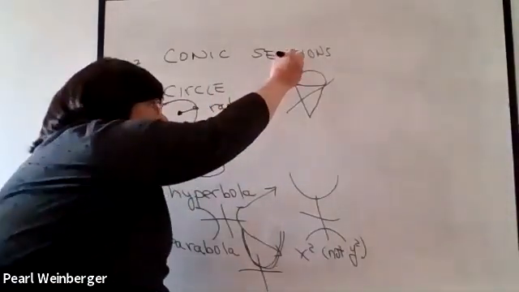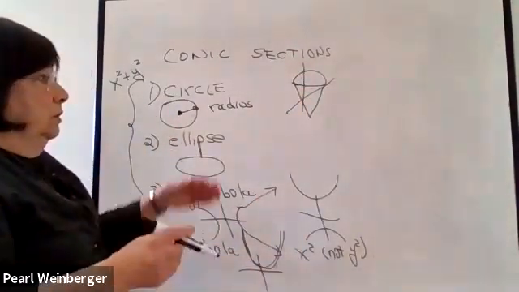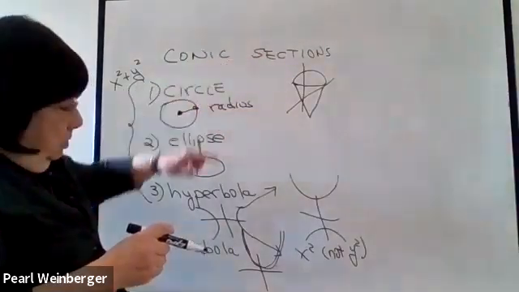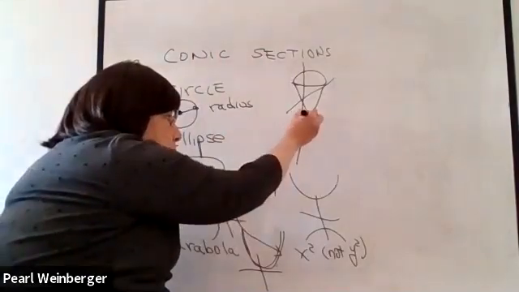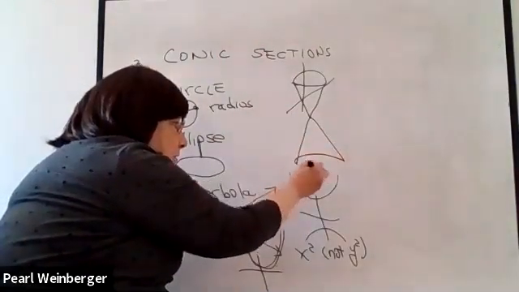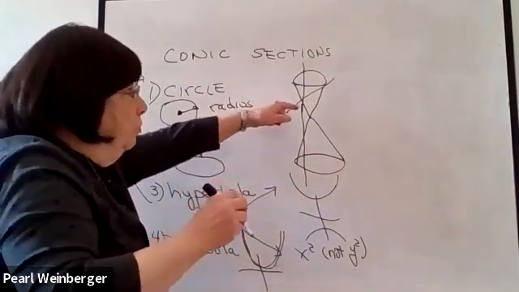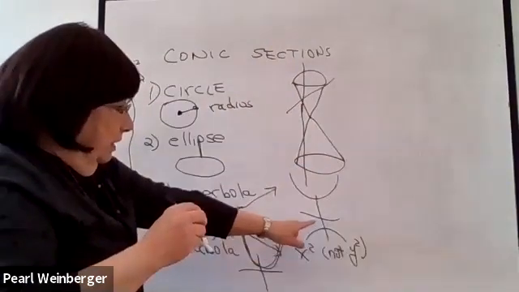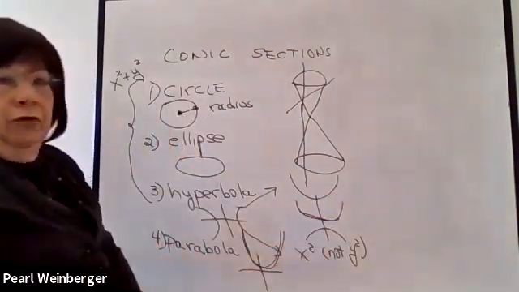What if I went straight down like this? Notice what I would get would be a U shape, a parabola. And if I had one cone right on top of the other, and I continued, I'd have one U going up and one U going down like this. And you would have your hyperbola.